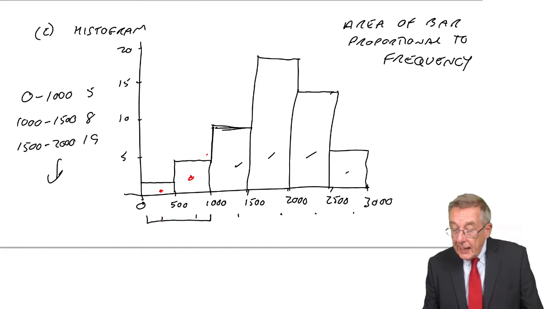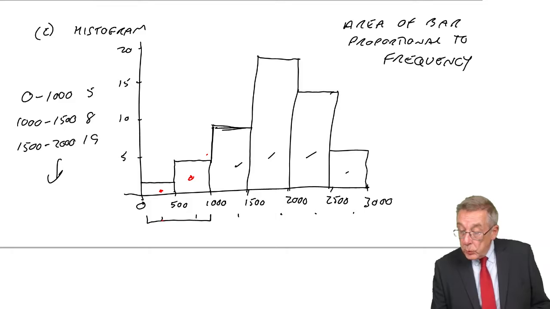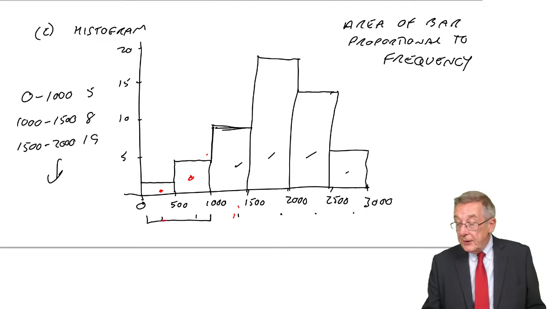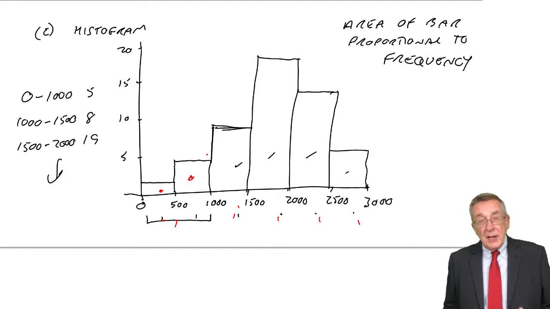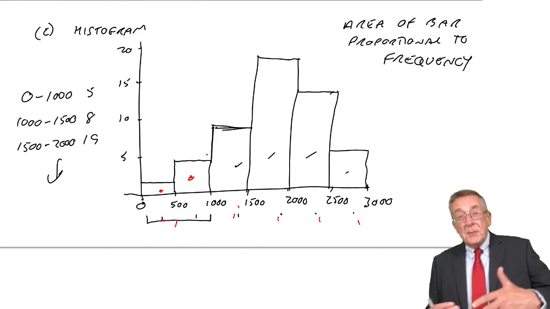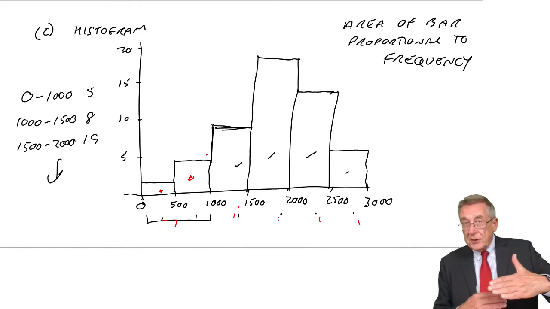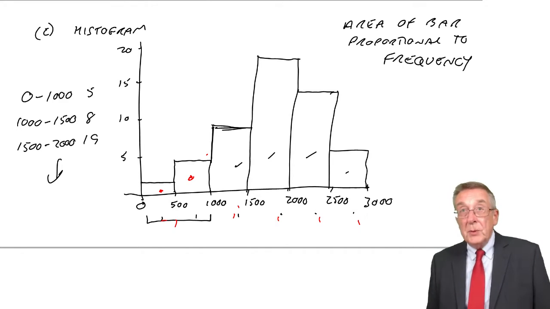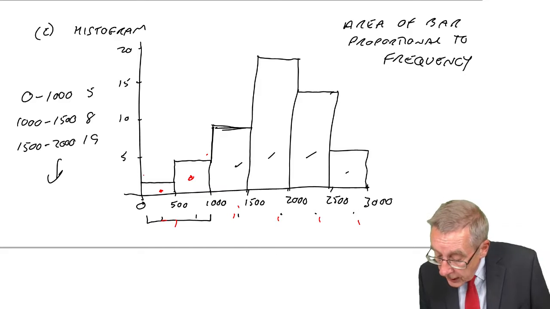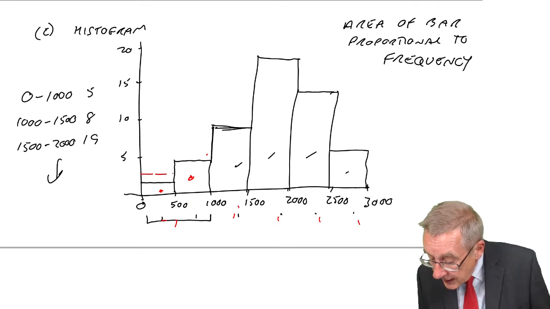Because we've now got a group that's twice as big. All these others are 500, this one's 1000. And so, because it's twice as big, we'll make the height half of what it would be. So instead of showing a bar 5 units high, we'll show a bar 2.5 units high.